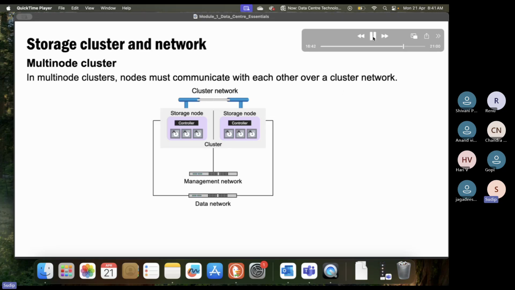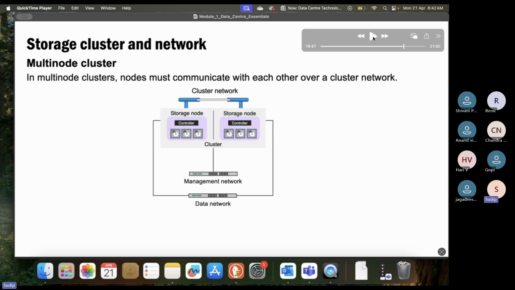Now, here they are also showing that apart from this dedicated cluster network, you will have two other networks. One is called a management network, and the second is called the data network. What is the difference between these two? Data network is pretty simple, right? We saw the front end ports of the controller, and we saw that servers get connected either over a LAN or a SAN to the storage controllers.